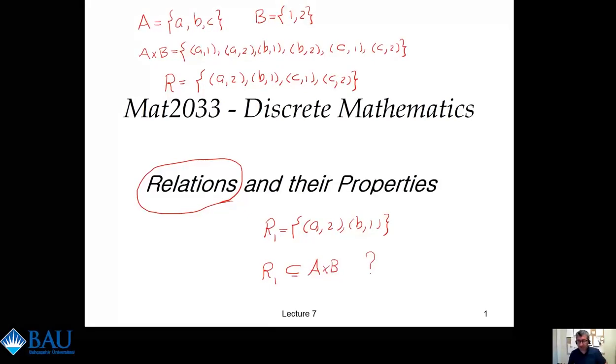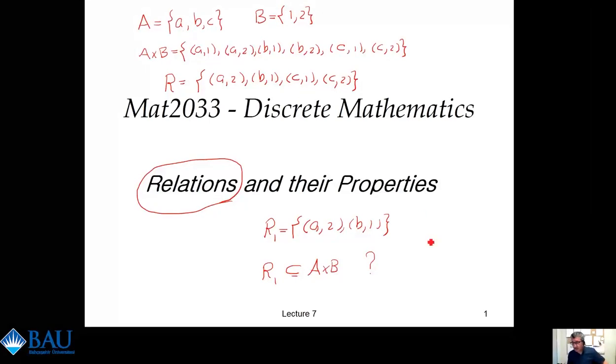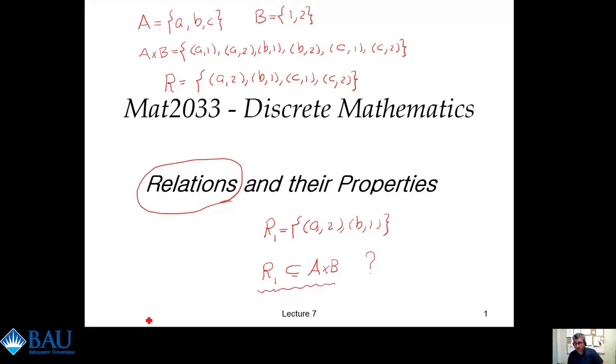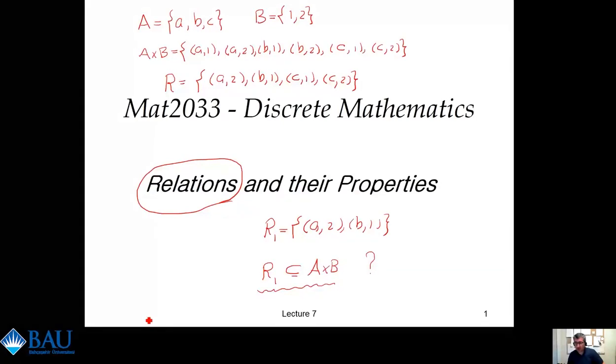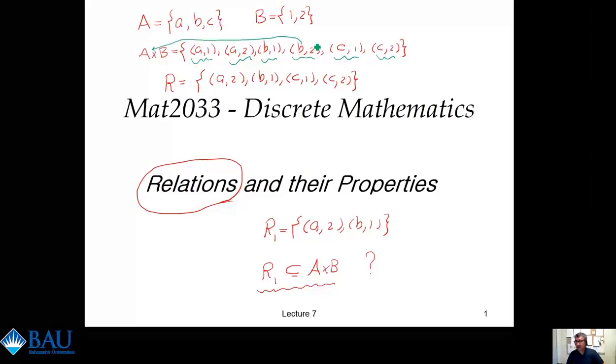Today we want to talk about this issue, relation. As you see, since R is a subset of A cross B, all of the elements in A cross B are written as pairs. Look at it: this is a pair, pair, pair. All of them are pairs, such that the first element always comes from the first set, and the second element always comes from the second set.